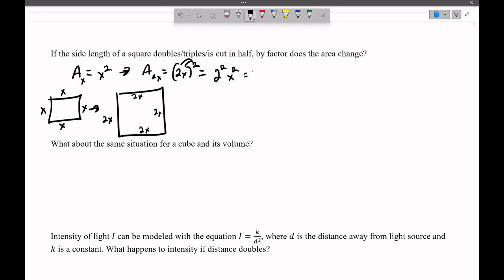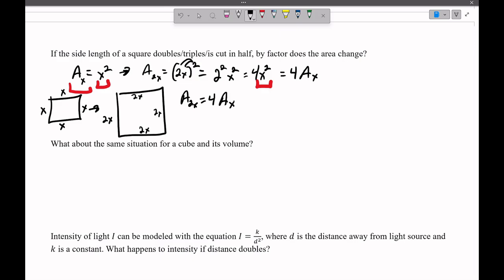But 2 squared is just 4, and x squared, we already know, is the area of the square. In other words, we get 4 times area of x. So area of 2x equals 4 times area of x.